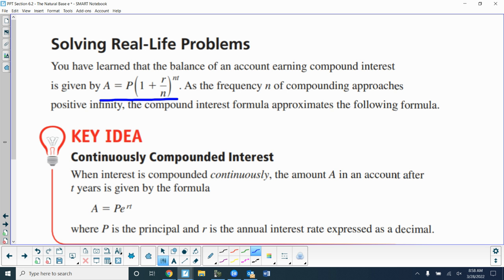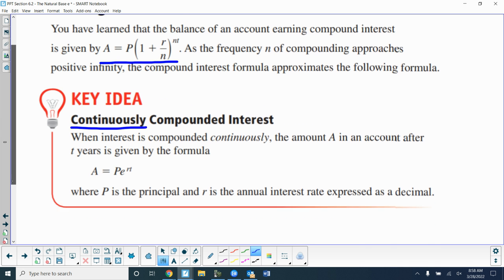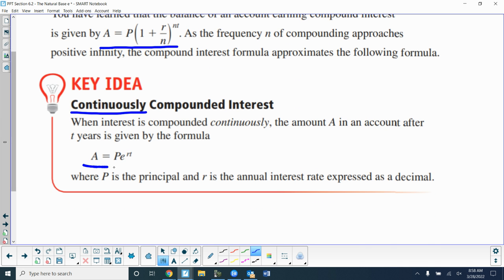We remember that formula? Okay, well, there's a new one today when it's compounded continuously. When it's continuous, it's this one. I call it the PERT formula. A equals P E to the RT power.